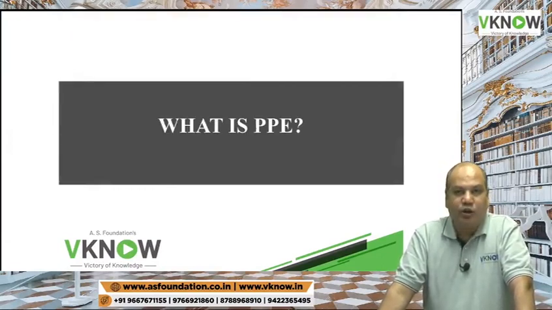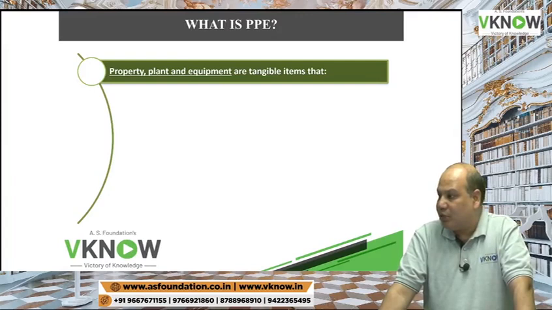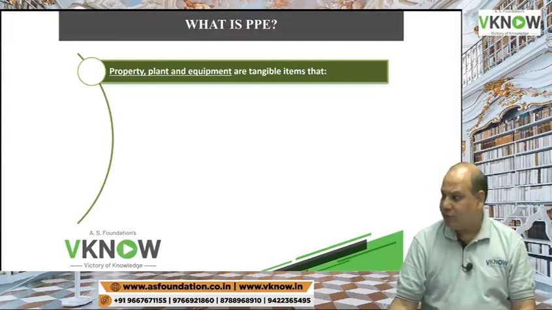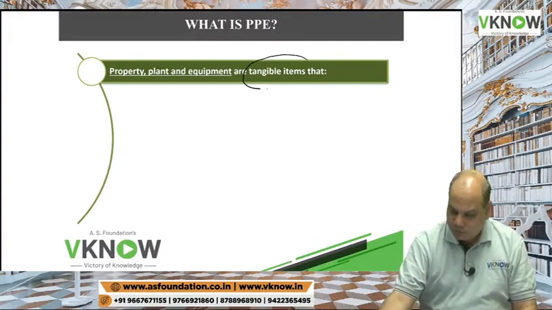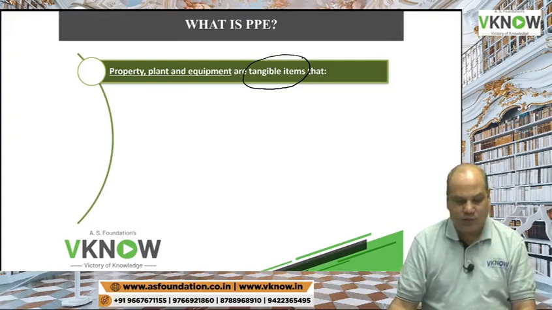Now, my question is, what is property, plant and equipment? I had asked you one question whether my car is a property, plant and equipment, and most of you said yes. And then I asked you for Hyundai company whether the same car is a property, plant and equipment, and you said no. So property, plant and equipment are tangible items.